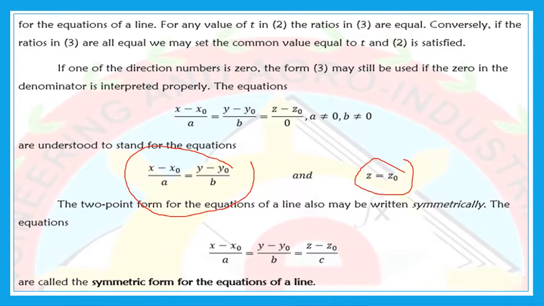So the 2-point form for the equation of a line also may be written symmetrically. These equations are called the symmetric form for the equations of a line. So ang tawag dito class is symmetric form for the equations of a line. So dito sa Analytic Geometry and Trigonometry class, marami kayong ipapamiliarize na formulas.